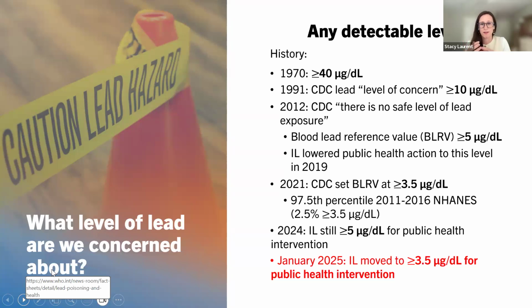So you're left with the top 2.5% of children, and in that percentile we're looking at lead levels that are 3.5 or higher. That means the majority of children aren't having those, but we're lowering it and lowering it so we can continue to reach those kids who have the highest risk of lead exposure.